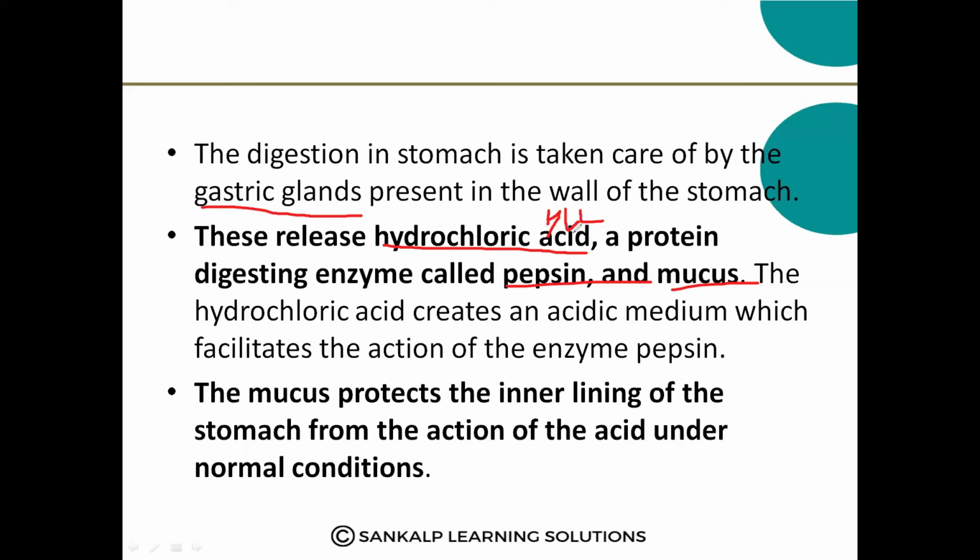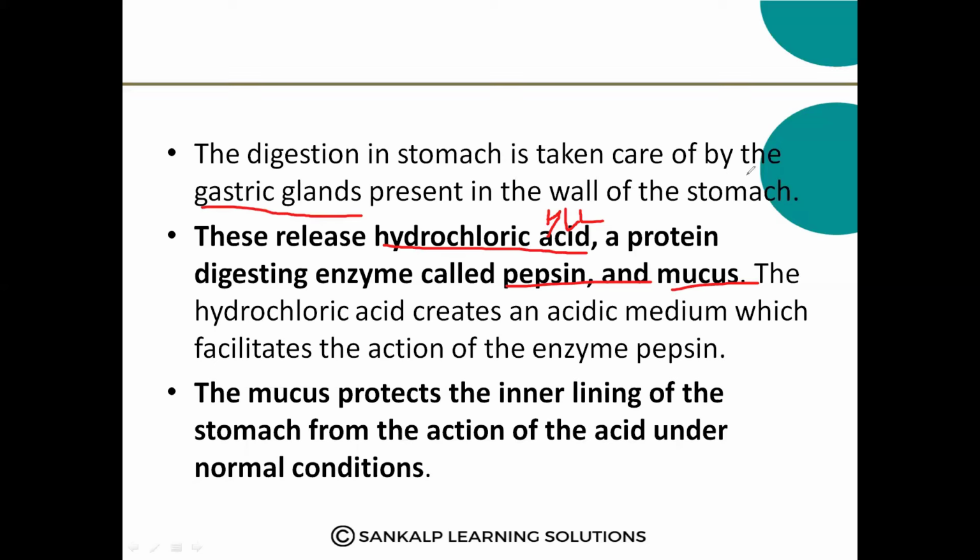So what are the functions of these hydrochloric acid, pepsin, and the mucus? The first question is, what are the secretions secreted by the gastric glands, that is the HCl, pepsin, and the mucus? And what is the function of these three chemicals?